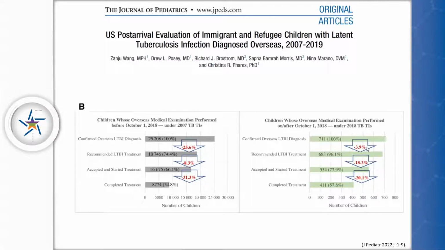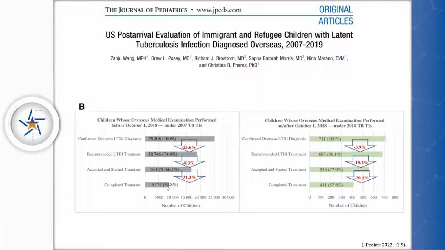Well, that sounds funny, a decreased drop, but you see a much smaller number of individuals lost. Most of them are referred or recommended to get LTBI treatment. There was a little bit less accepting and starting treatment, which for some reason did not progress as well. Very similar numbers once they started completed treatment.